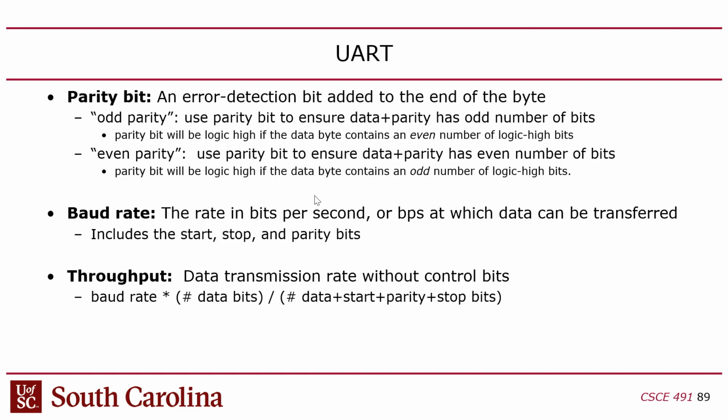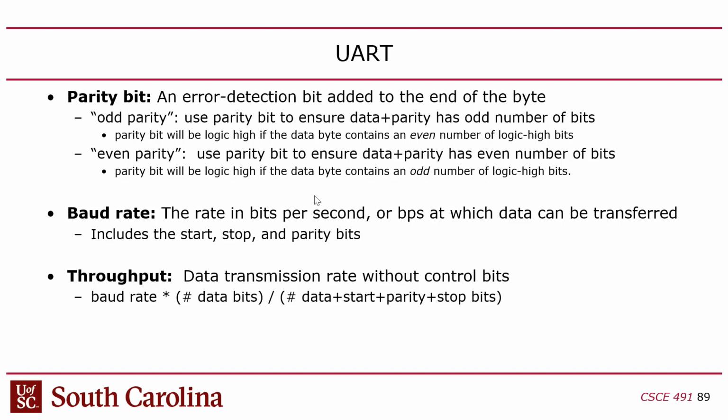Because if it's asynchronous, there's no way to guarantee that the clocks... you can guarantee the frequencies of the clocks on both sides are the same, but you can't guarantee the phases of the clocks on both sides of the channel are the same. And because of that, there's no way to guarantee that you won't enter metastability. And because of that, it's a good idea to have a parity bit, because a parity bit allows you to detect errors, right?